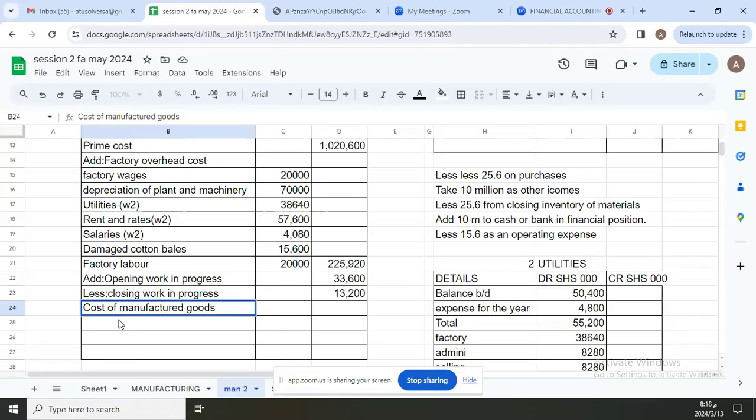Some people can sometimes call it cost of production. So here what we do, we get this plus this plus this, we less the closing. I'm getting 1,266,920.